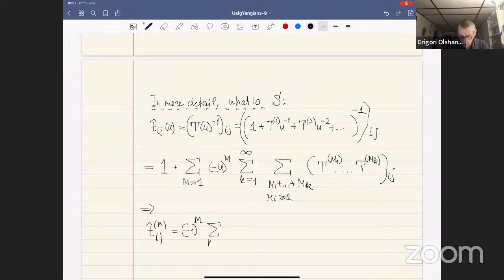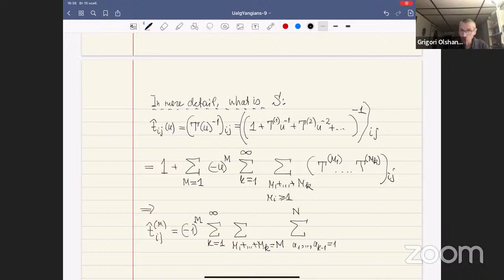So we have only some double summation. But no, sorry, we have to multiply the matrices. And by multiplying the matrices, we get one more sum. I hope it's correct.